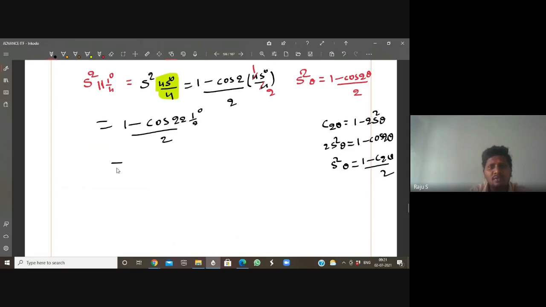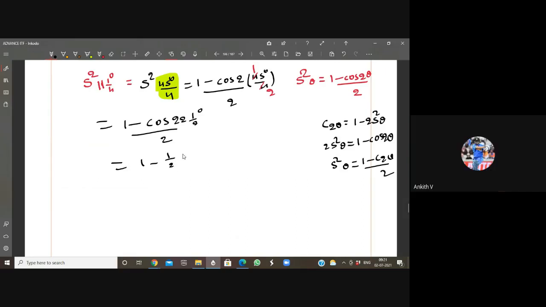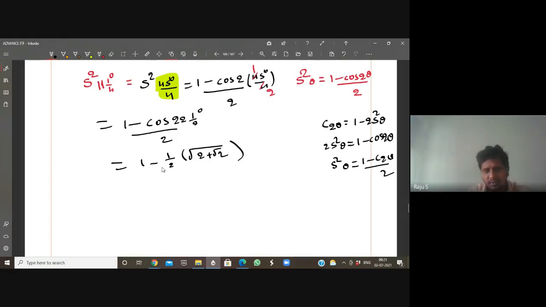What is cos 22 and a half? It is half into root of 2 plus root 2. We have to try to remember this value, all divided by 2.